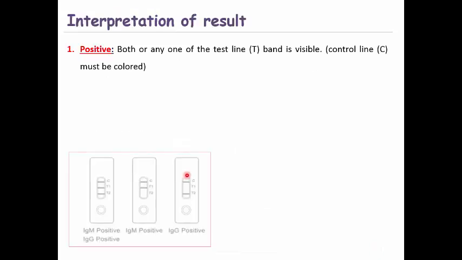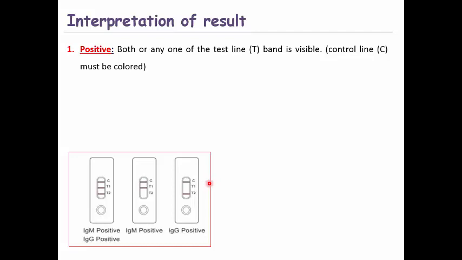So, interpretation of result. How can you define a positive sample? If both or any one of the test line bands is visible, whether it is IgG, IgM or both, but if you want to stamp it as positive, the control line must be colored.